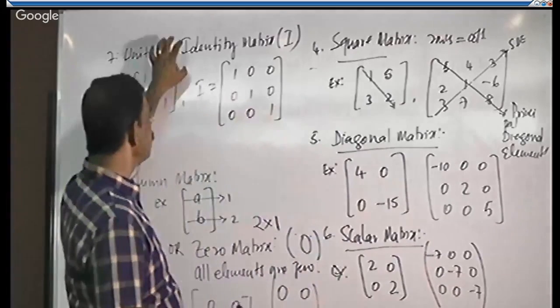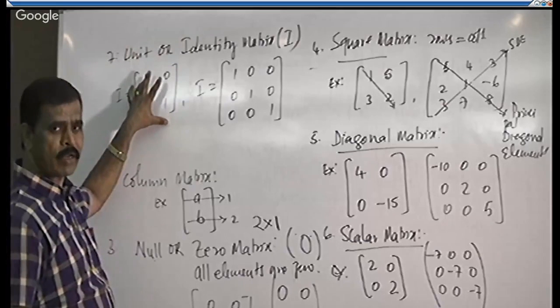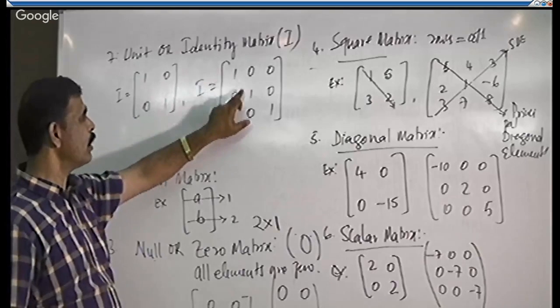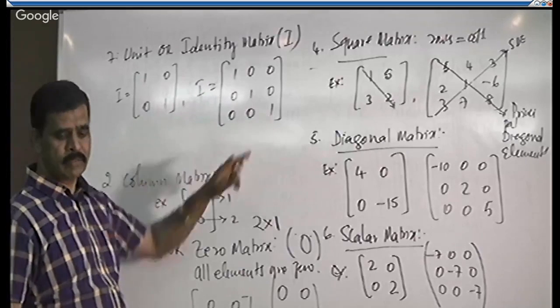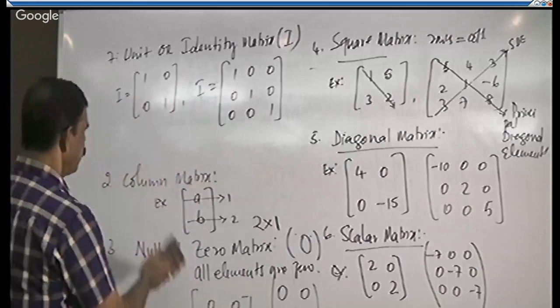And an identity matrix or unit matrix is a scalar matrix in which all the principal diagonal elements are equal to 1. These are the types of matrices.